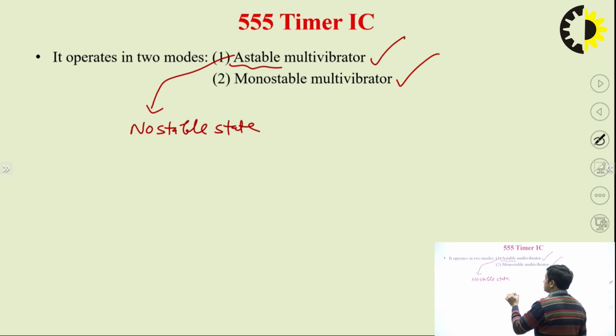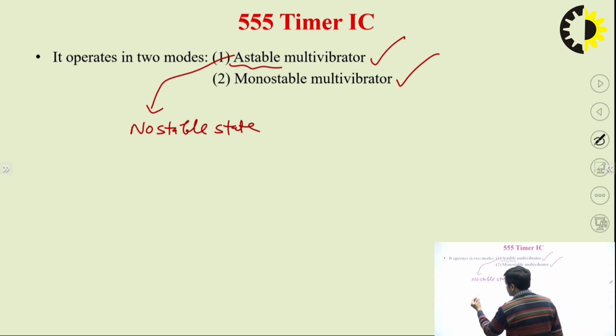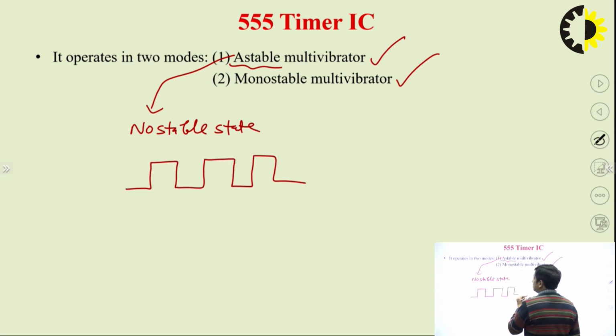In astable multivibrator, the output keeps changing its state, from low to high, high to low, low to high, high to low. So we get a pulse waveform of a particular frequency from the output of an astable multivibrator, and the frequency of this pulse waveform depends upon the external resistors and capacitors.